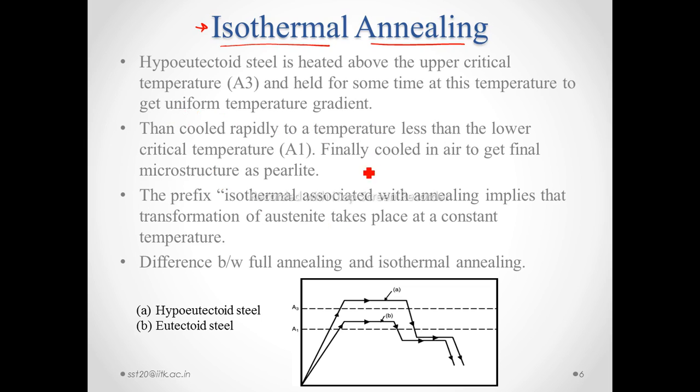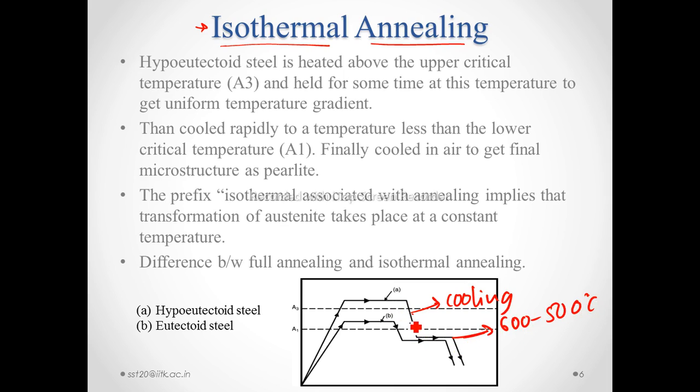When we get the complete, homogeneous austenitic structure, we start to cool down, cooling suddenly to a temperature of about 600 to 500 degrees Celsius. This is a sudden process.